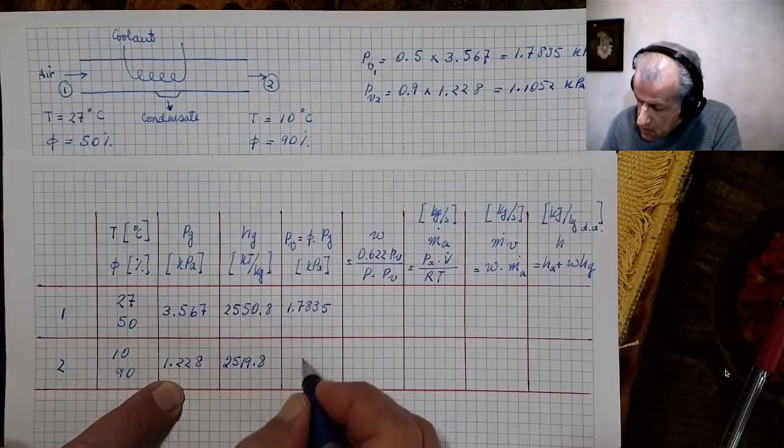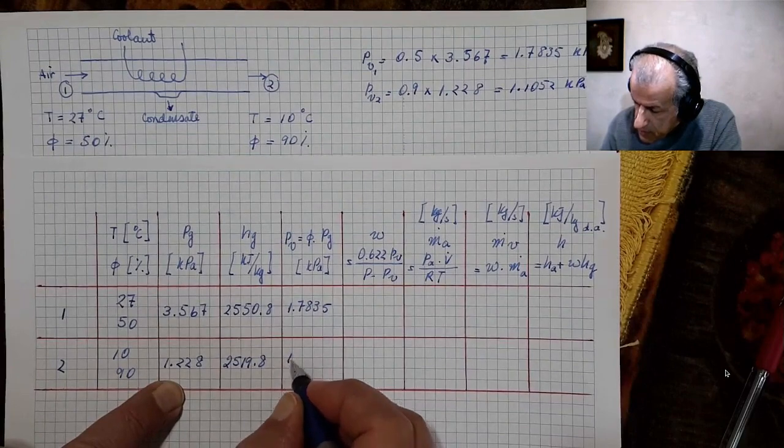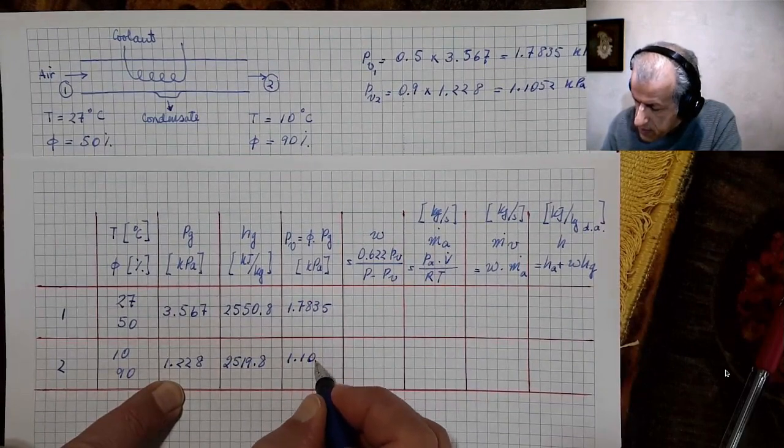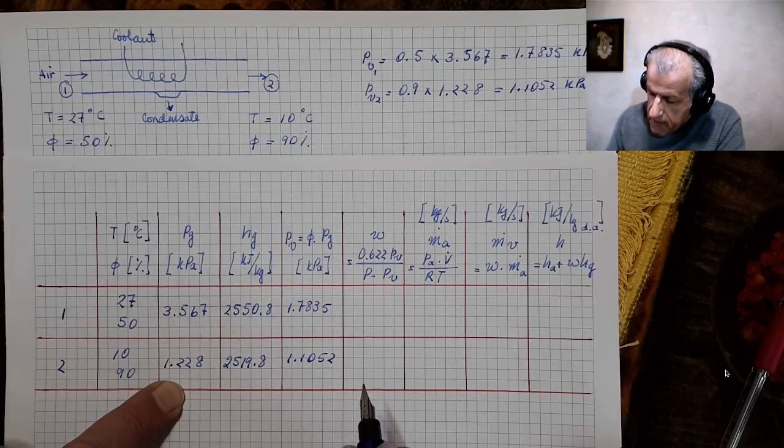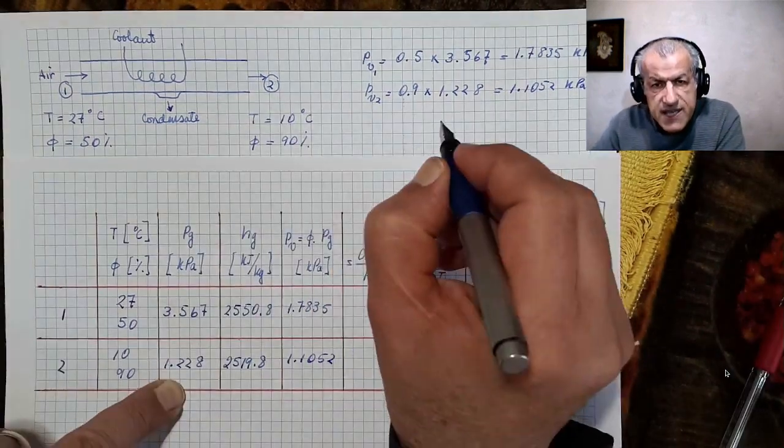And I would just write it here as well, 1.1052 kilopascal.